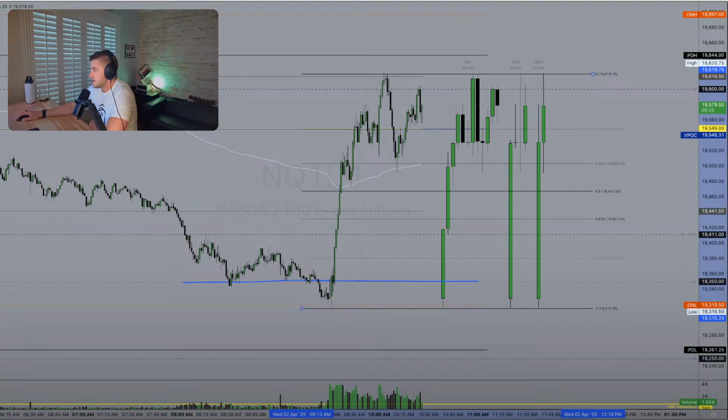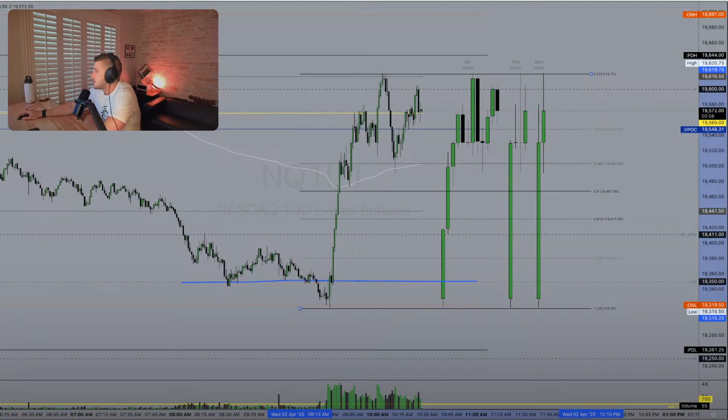Ray and Steve taking off. See you guys. Headed to the family reunion. Yeah, I'm going to give it another 5 to 10 minutes here, see if we get some action outside of this structure, and we'll call it a morning.